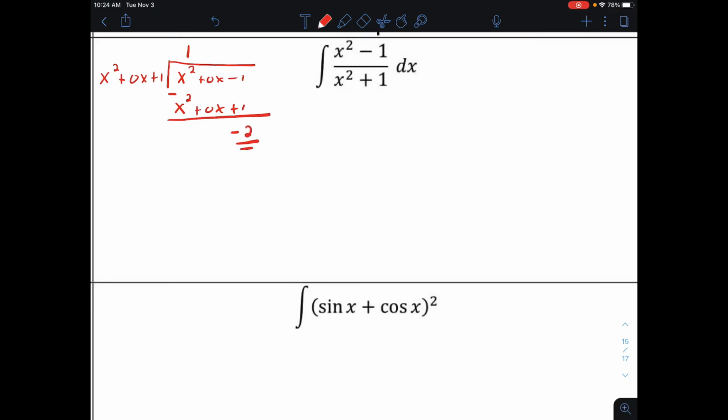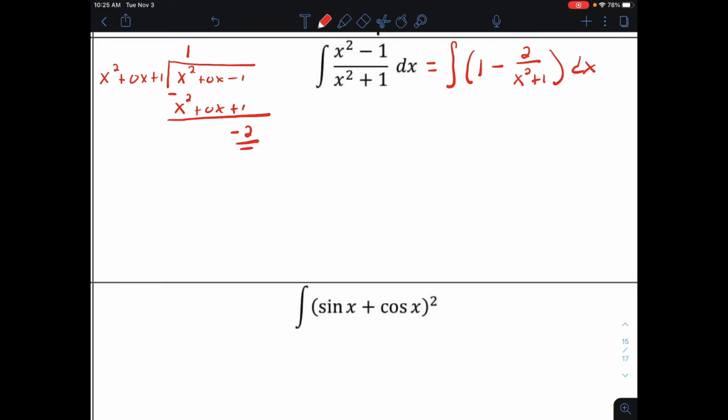So what we can do is rewrite our original problem as the indefinite integral of 1 minus 2 over x squared plus 1 dx. And so I'm going to write it in that form, and we're going to look here to integrate that problem.